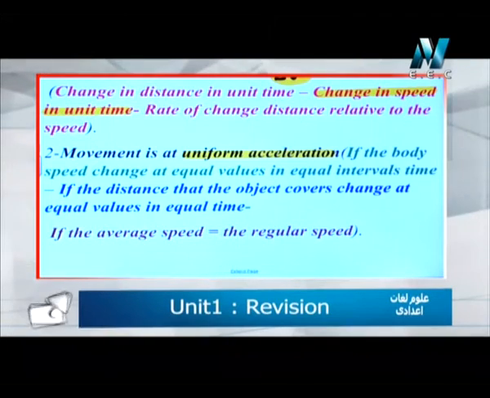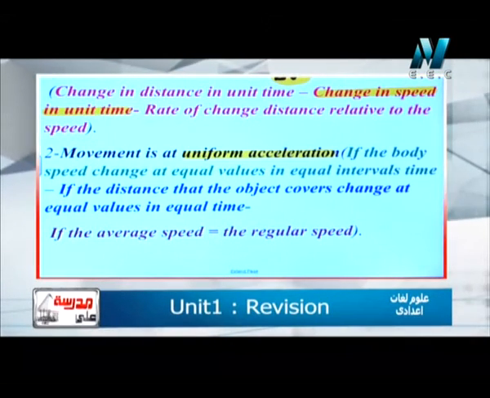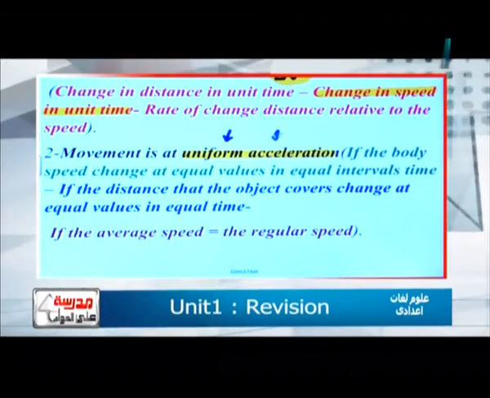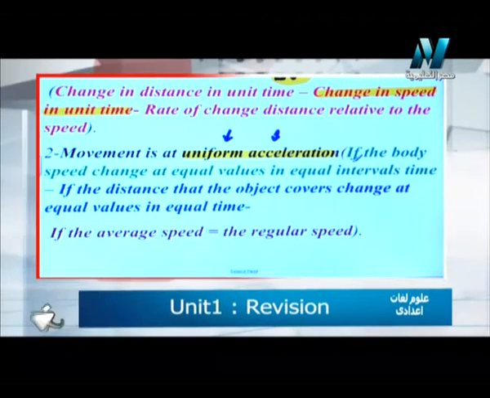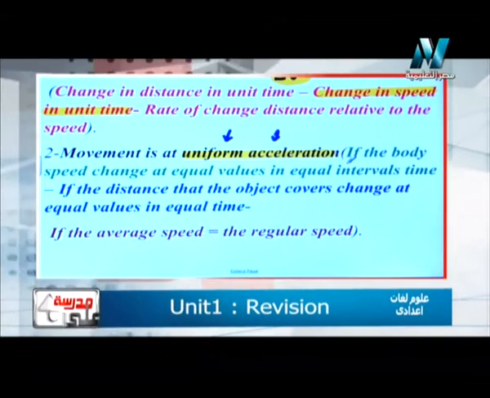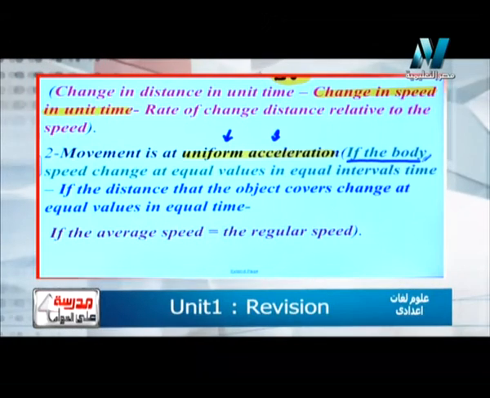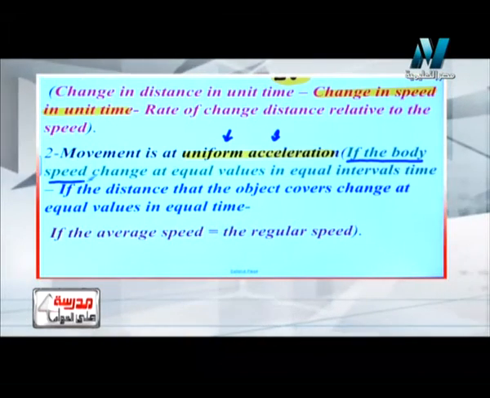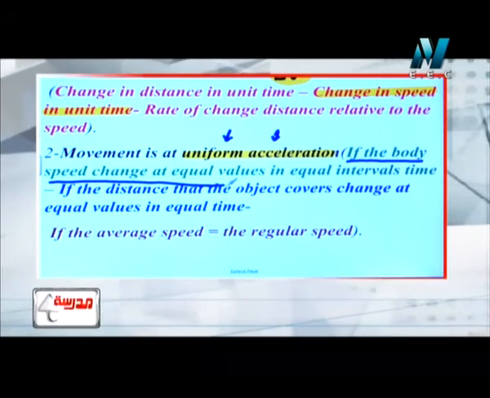We talk about change in speed but at uniform rate. So we choose number 1: if the body speed changes at equal values in equal intervals of time.